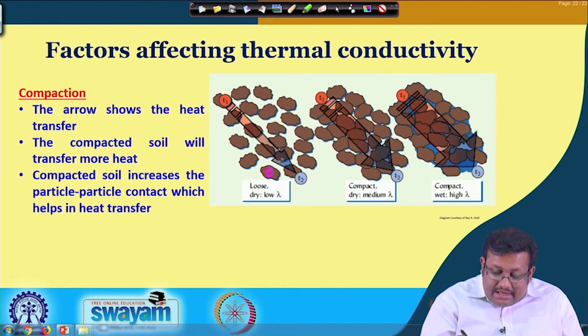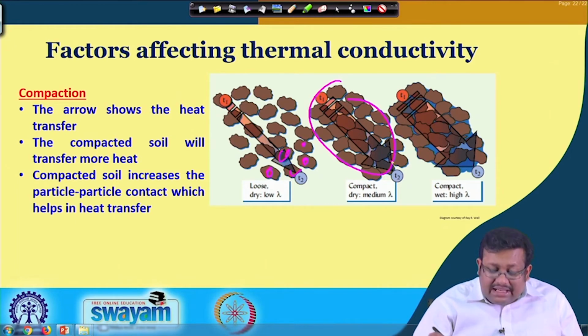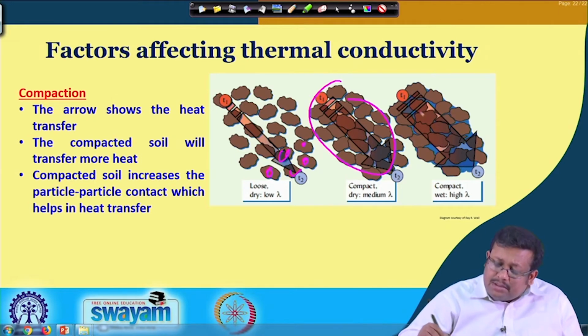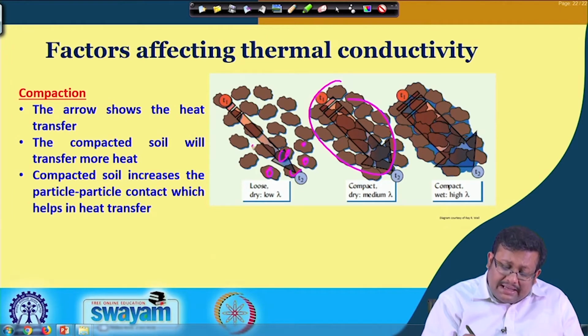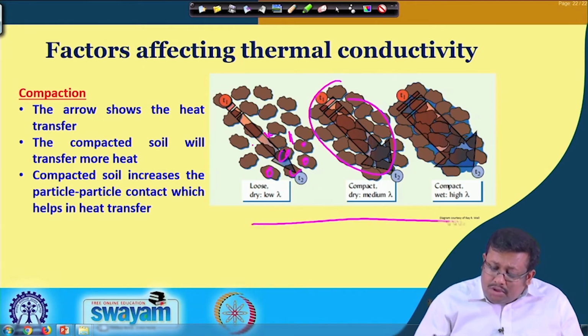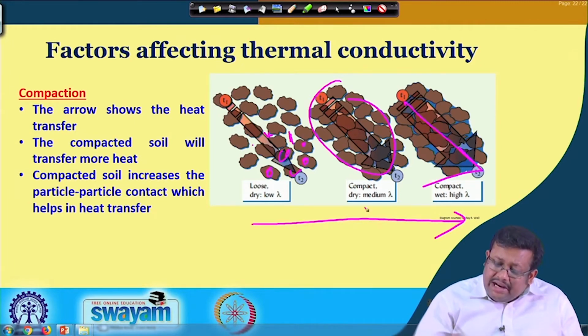As you can see, this is the loose, loosely aggregated soil, and this is the compacted soil, and the compact soil will transfer more heat, because compaction increases the particle contact, which helps in heat transfer. You can see that in between the particles there are air molecules, so there is less particle contact, but as we go from loose to compact soil, there will be more particle to particle contact, and as a result there will be more heat transfer.